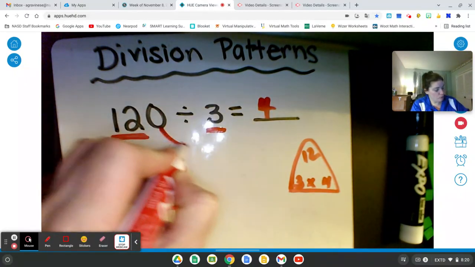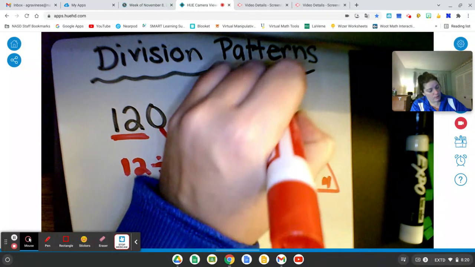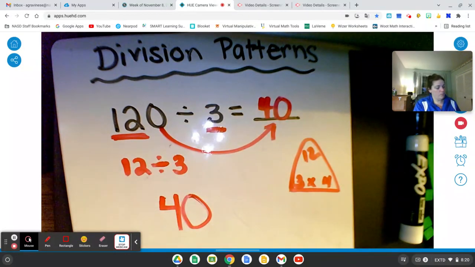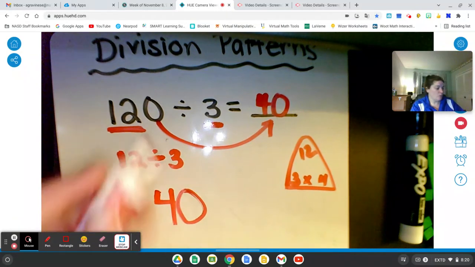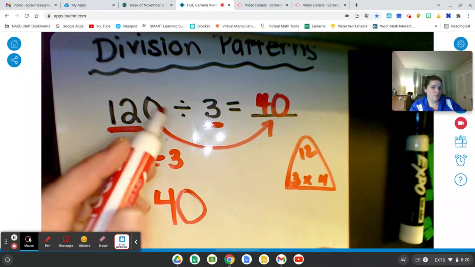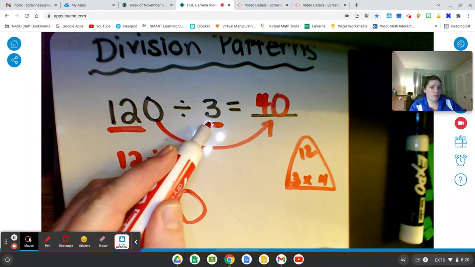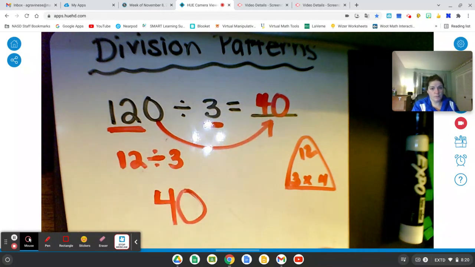So I'm going to use this 0 and pull it into my quotient and keep it there, and we call this 40. So 120 divided by 3 equals 40.